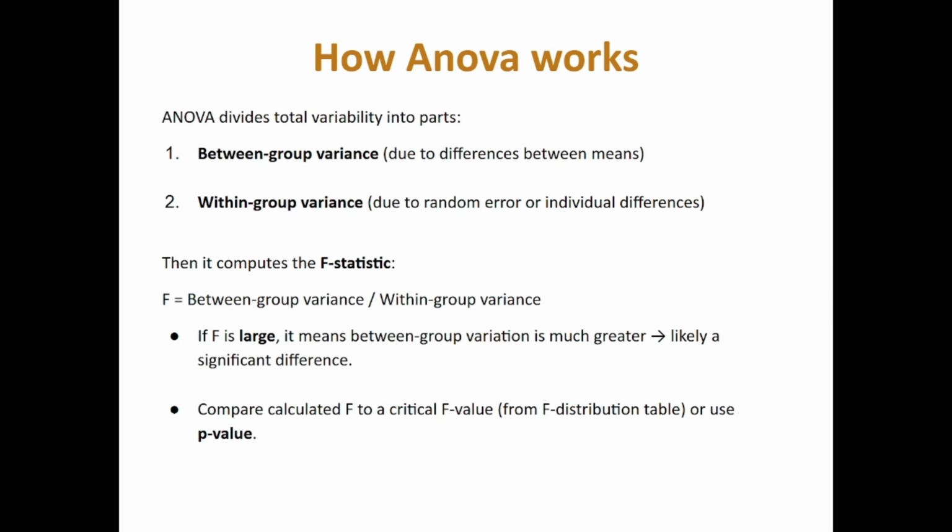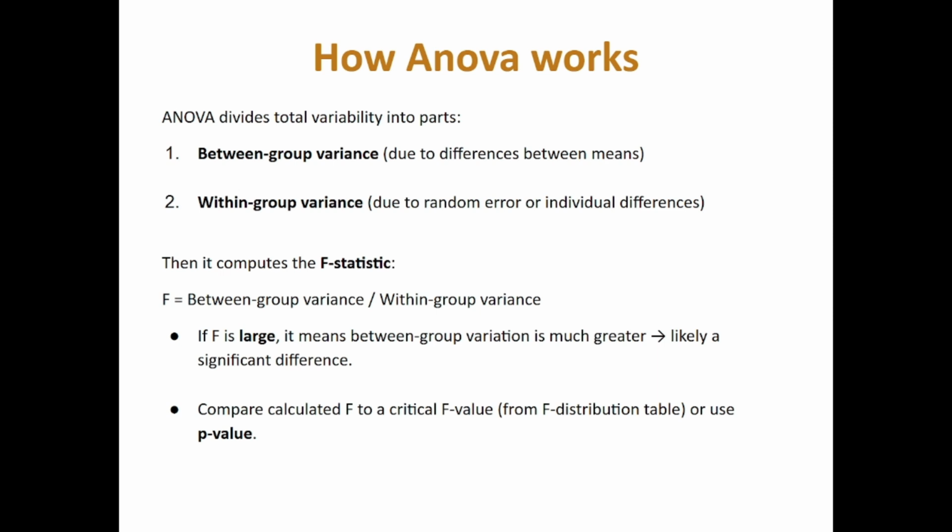Once you get the F statistic value, by looking at it you will be able to understand what it actually signifies. If the F value is large, which means the numerator is high, which is the between group variance is higher than the within group variance, then there will likely be a significant difference between the different group means. And likewise you can analyze all the F values properly.